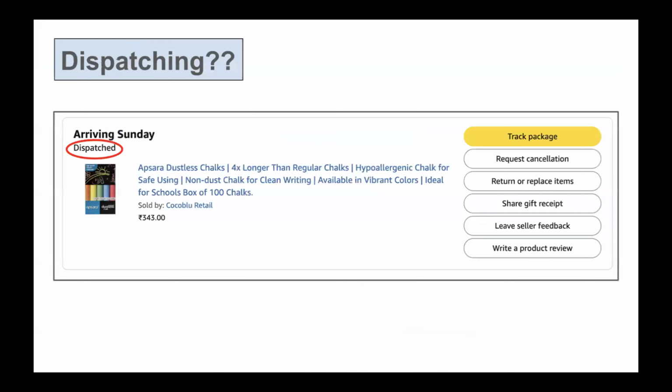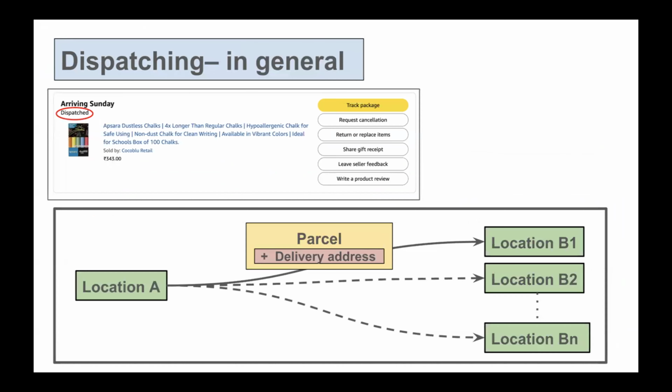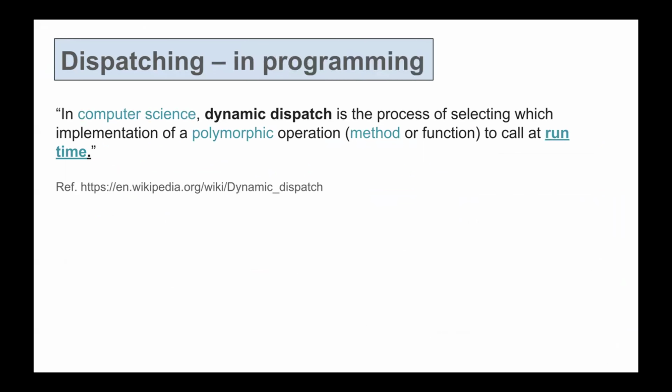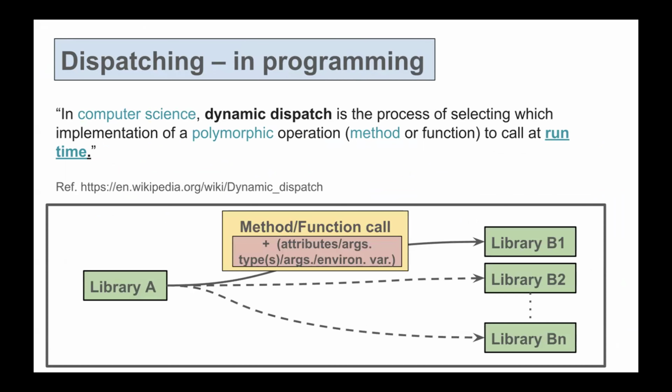data. And dispatching, in a general sense, you might know that it means one thing is going from one place to another, and how it knows it has to go to that place is by some address information. So in programming also, dispatching is a similar thing, but we are deciding at runtime which implementation to run.